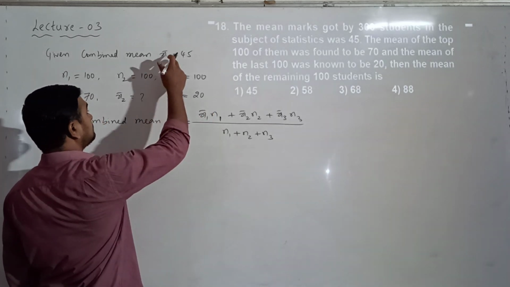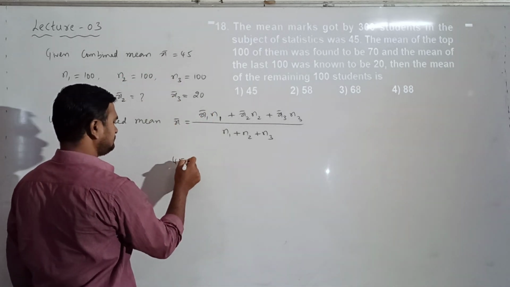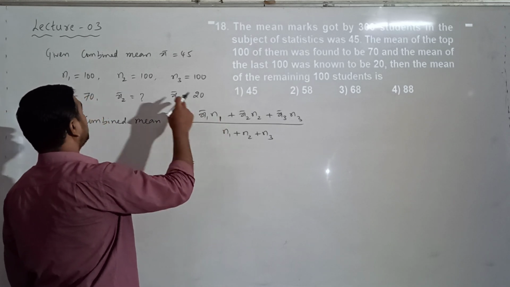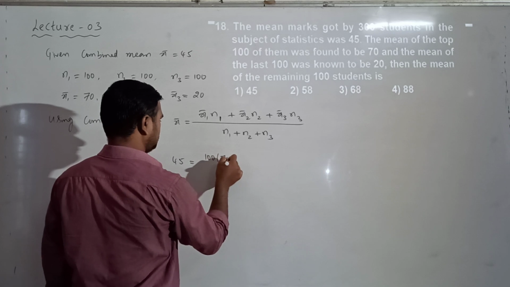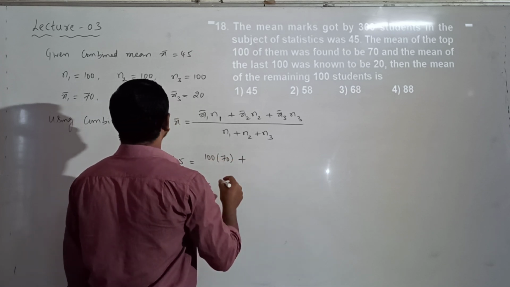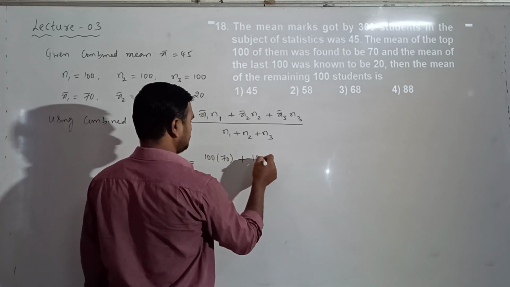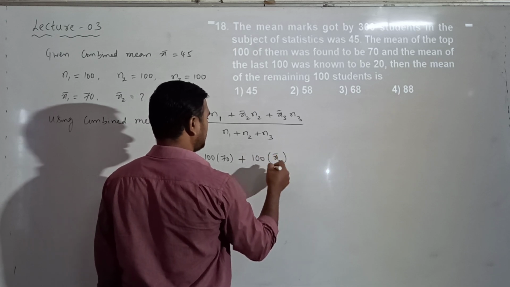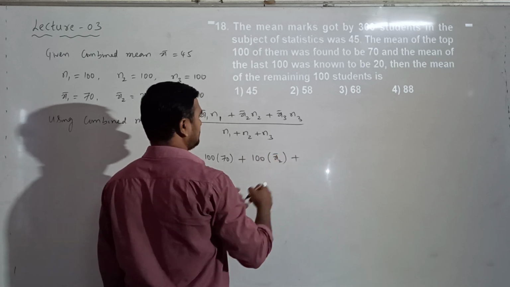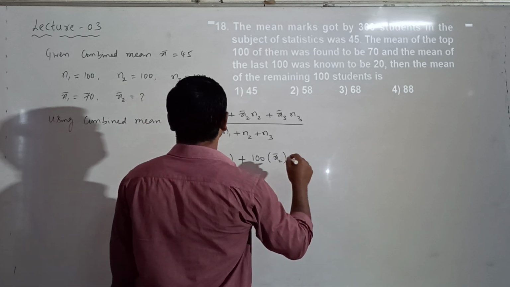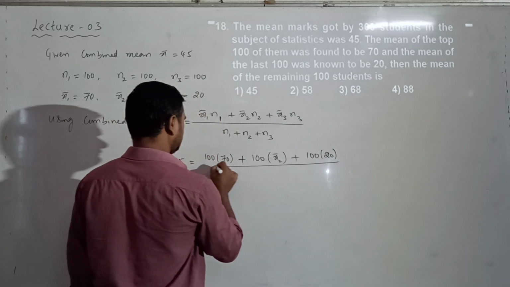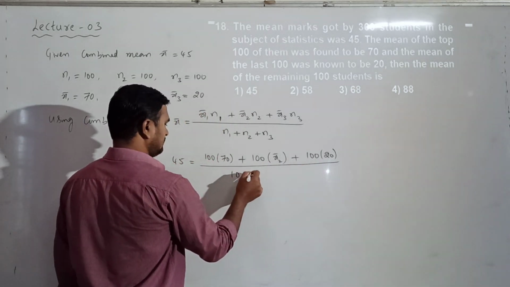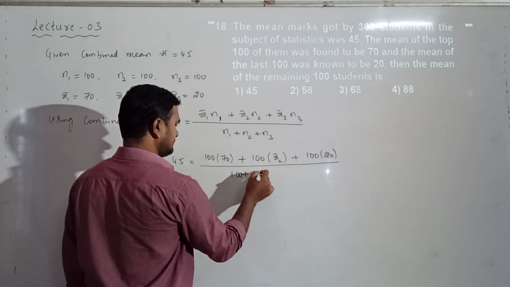So x bar is known, 45. x1 bar n1, 100 into 70, plus 100 into x2 bar, that we don't know, plus 100 into 20, divided by total students, 100 plus 100 plus 100.